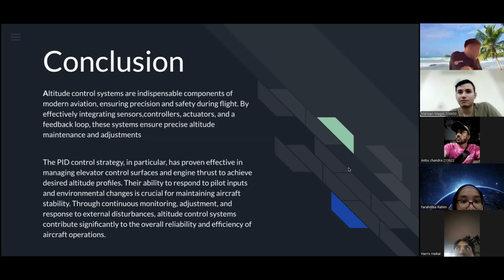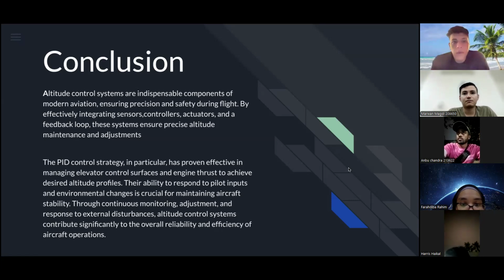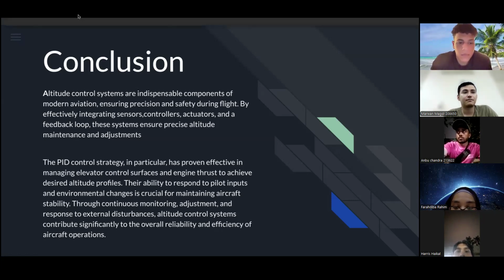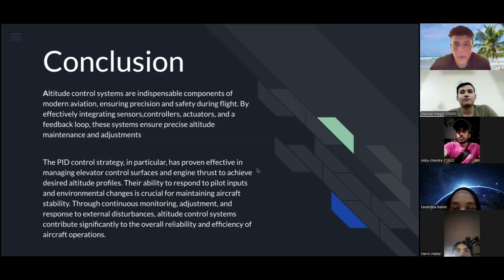Moreover, the PID control strategy's ability to quickly respond to pilot inputs and adapt to environmental changes is crucial for maintaining aircraft stability. Overall, the system significantly enhances the reliability and efficiency of aircraft operations by providing precise altitude control and adapting to dynamic flight conditions.